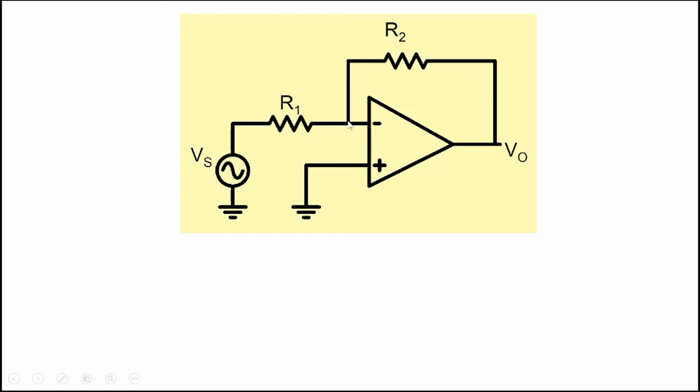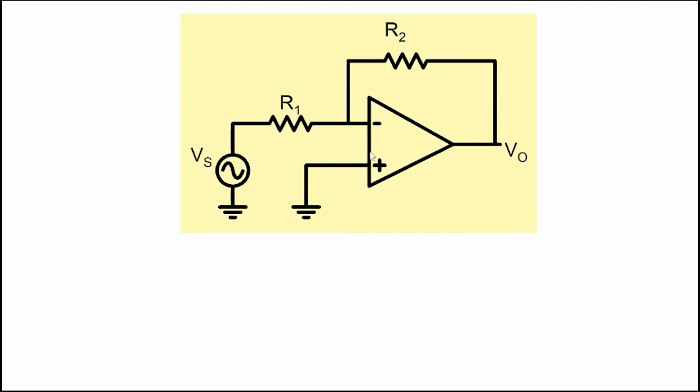It is a short in the sense that this voltage is the same as this voltage here, ground. And it's an open because there is no current going in, because the voltage across these two terminals is very small and the resistance is very, very high. So the current is 0. So it's like an open circuit.